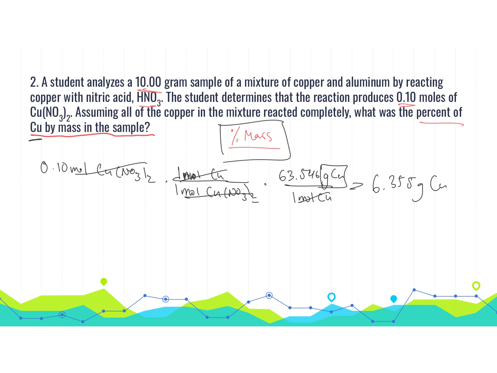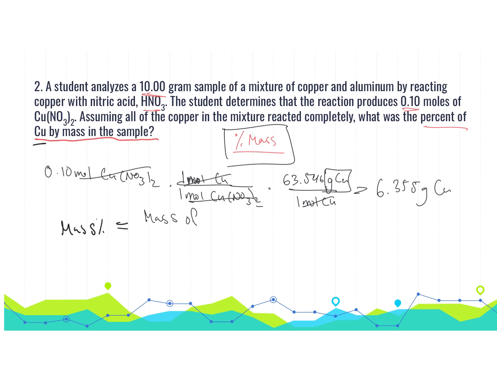Now, of course, we're not done. We want a mass percent. And so we'll just use our mass percent calculation. Mass percent is equal to mass of copper divided by total mass times 100%.